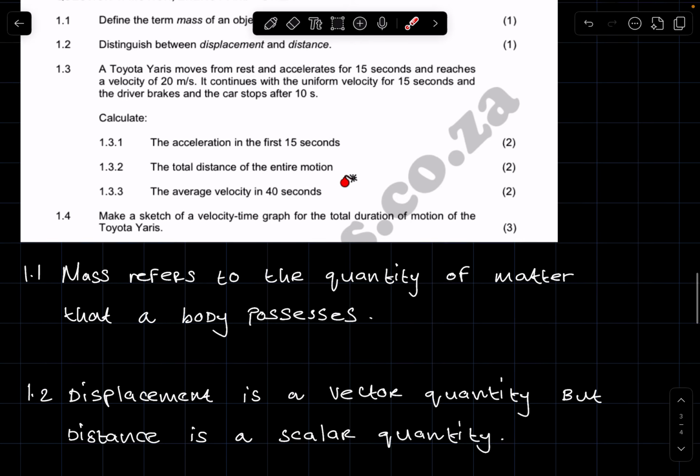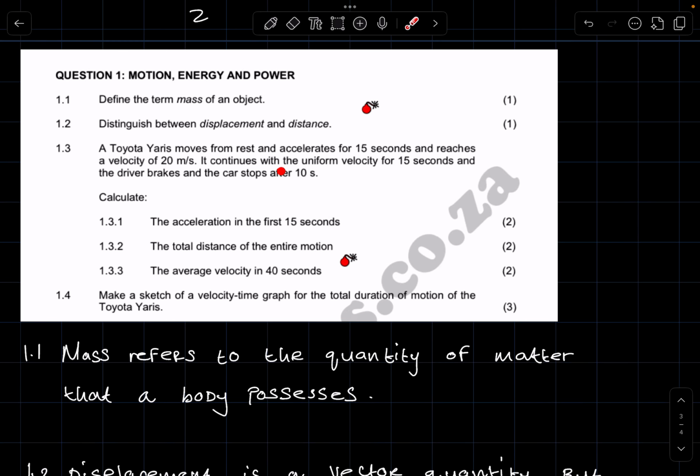And then they say it continues with a uniform velocity. Uniform means constant, so once the Yaris reaches a velocity of 20 meters per second, it continues with a uniform velocity. So it stays at this velocity for 15 seconds.